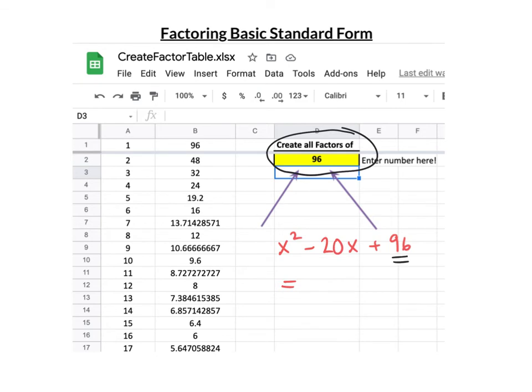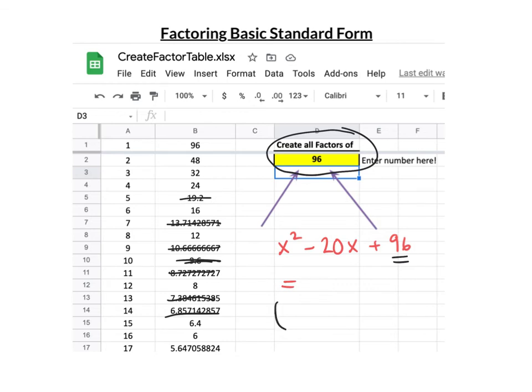Now you're going to ignore the decimals, you only want whole number factors. These things are not factors. Ignore all the decimals. But I can easily see the factors of 96. 1 and 96, 2 and 48, 3 and 32, 4 and 24, 6 and 16, 8 and 12. Just scroll down this list to find what you need.